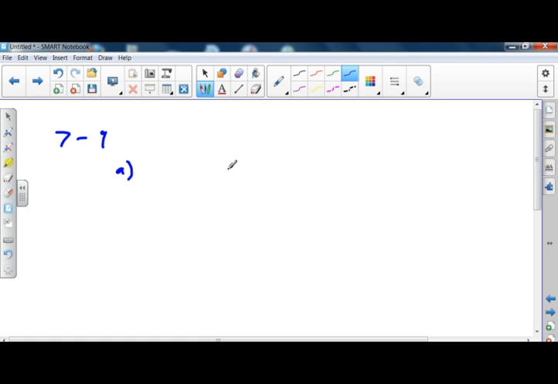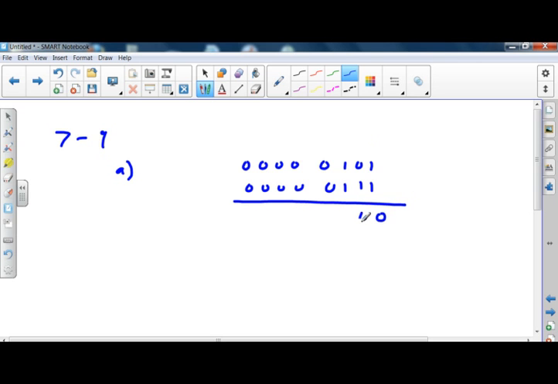A: 5, 0, 0, 0, 0, 0, 1, 0, 1. 7, 0, 0, 0, 0, 0, 1, 1, 1. Do the operation. 0, 1 to carry. 0, 1 to carry. 1, 1 to carry, 1. Or 12. 5 plus 7 is 12.